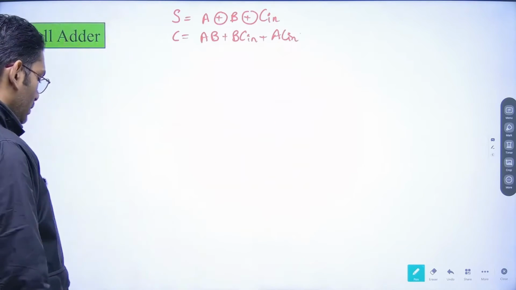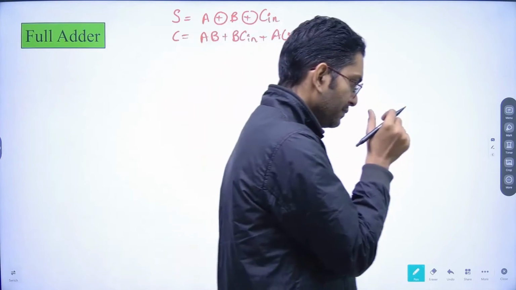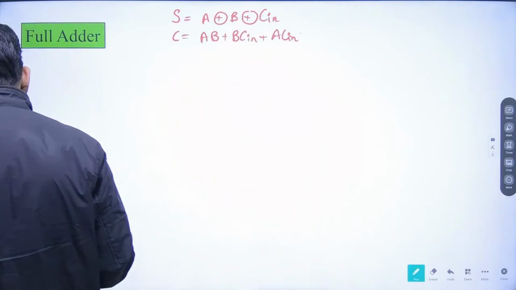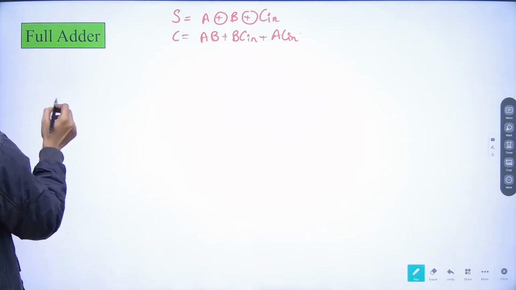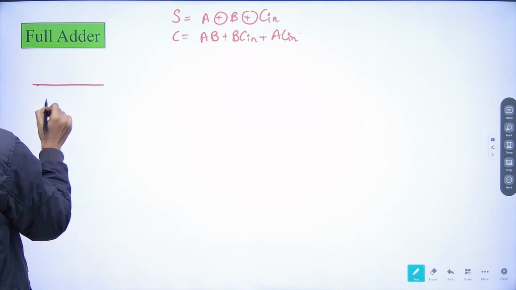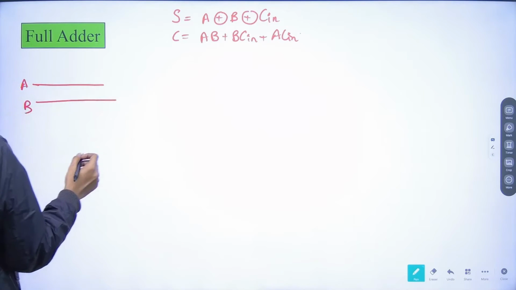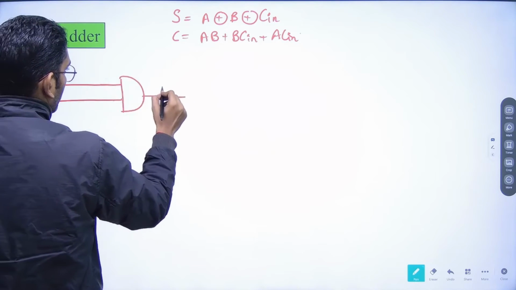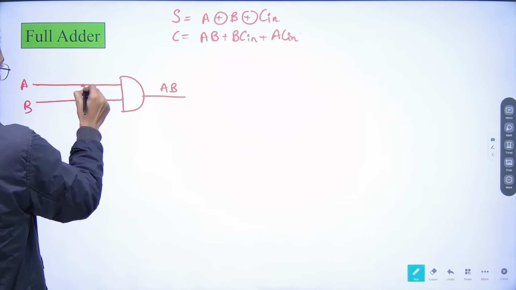Now, what we would be doing, we would be making this full adder using half adder. So first thing is we are taking the inputs as A, B. From here we are getting output as AB.